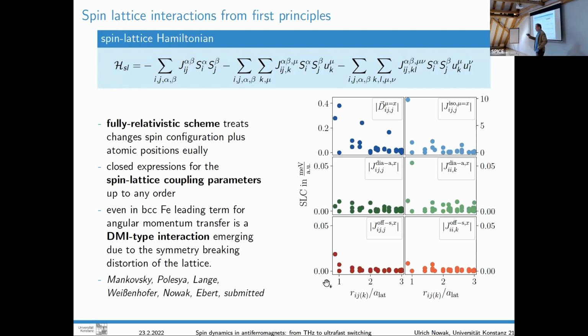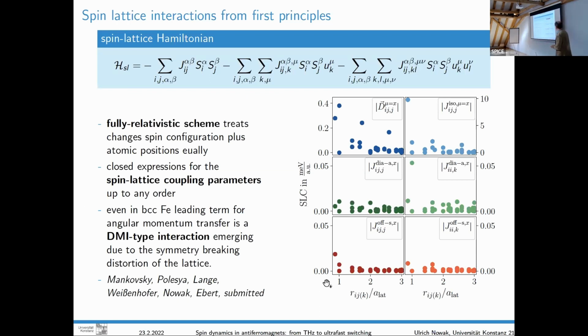So you could call that Dzyaloshinskii-Moriya interaction. And that is the biggest contribution here. This one is the biggest number. The others are contributions to the anisotropy, you could say. Okay, they are smaller. So in a nutshell, what we found out is that even in a cubic crystal that doesn't have Dzyaloshinskii-Moriya, because of the distortion of the lattice, the Dzyaloshinskii-Moriya interaction would appear. This is the leading part that transfers angular momentum to the lattice.